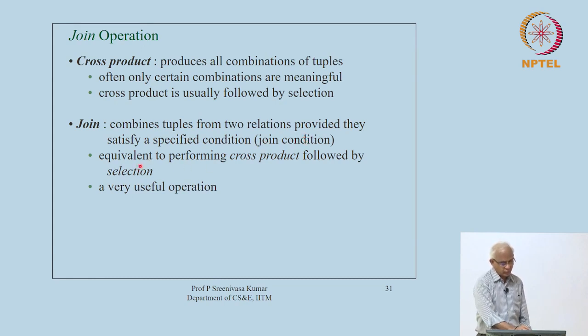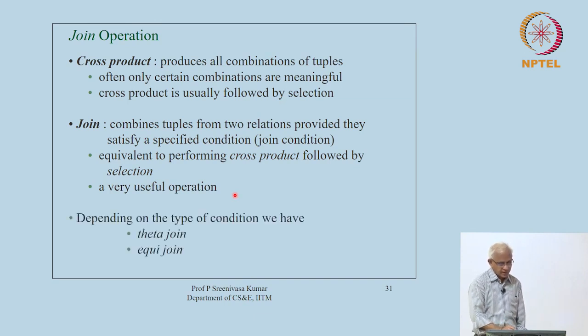So, this is equivalent to performing the cross product followed by selection, and it is a very useful operation in practice. Depending on the type of the condition that we specify, there are various kinds of joins that are talked about.